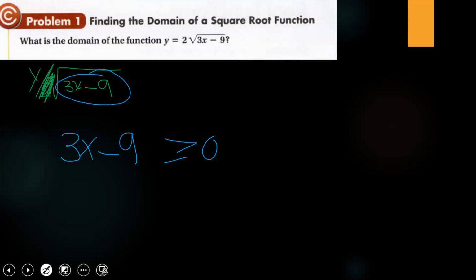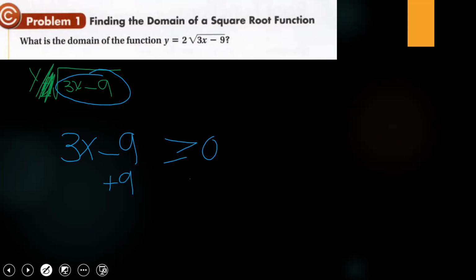Yes, teacher, because we cannot find the square root of a negative number. So I must say that the expression is greater than or equal to 0. But this is for 3x minus 9; I want it for x only. It's like an inequality.